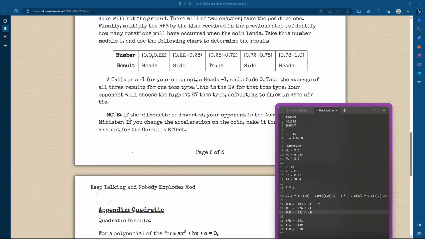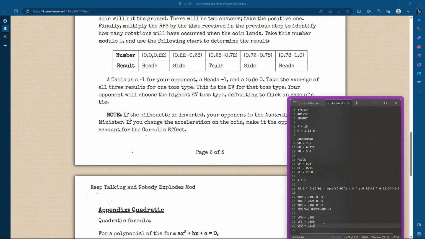So the average of -1, -1, -1, that's going to be average value for underhand. Typing with one hand is fun. Is -1. And then let's get the average value of our flick. Average val, I should have written this out before, but that's fine.